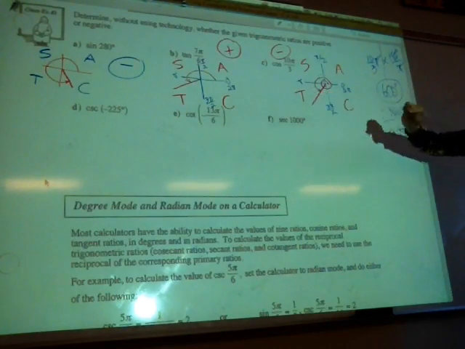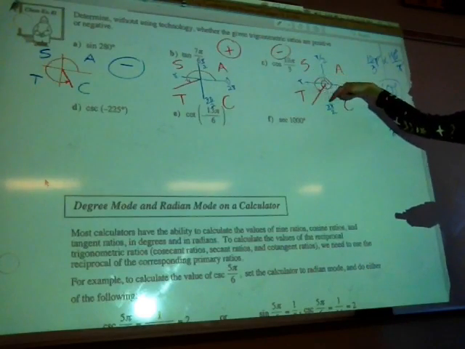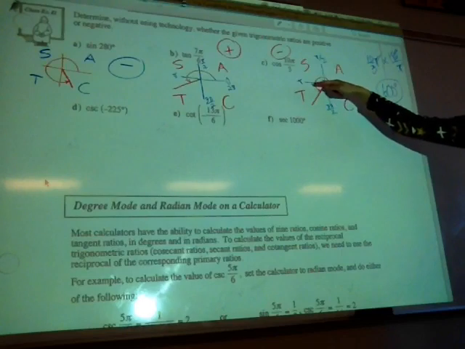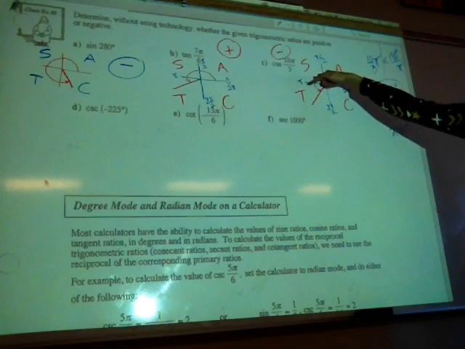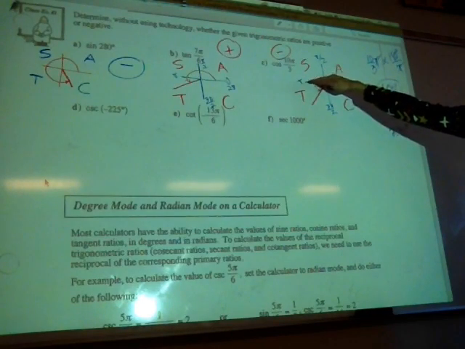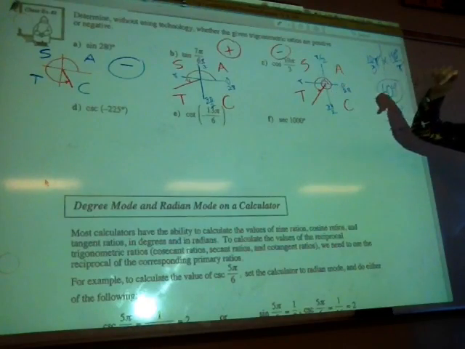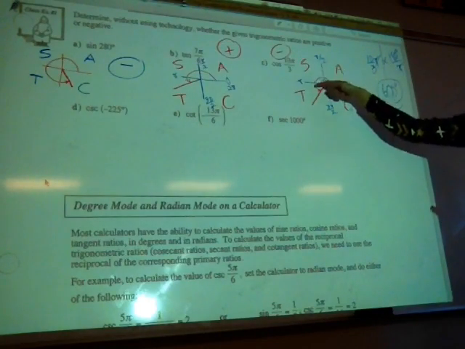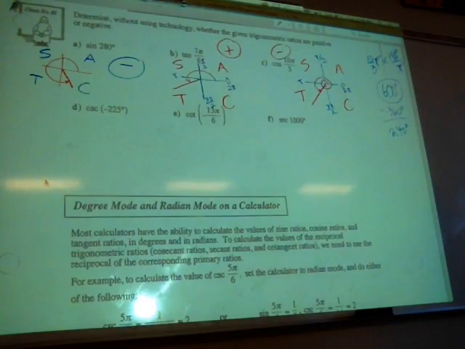Okay? So if I went too far, I'd be at 3.5 pi right here. So 3.3 repeated will be between 3 pi and 3.5 pi. So we had to rotate around once and then figure out where 3.3 pi falls. Okay. If that's too confusing, just go back to degrees and rotate around.